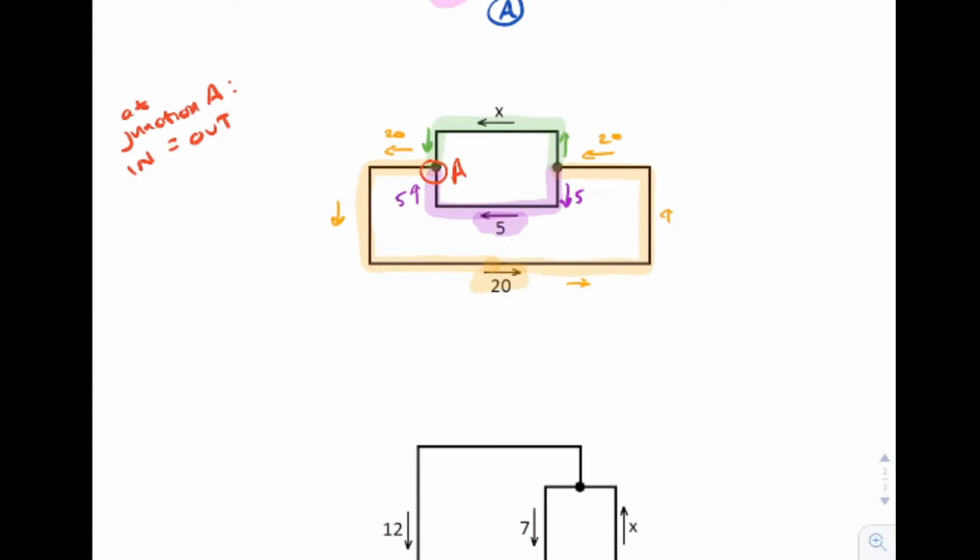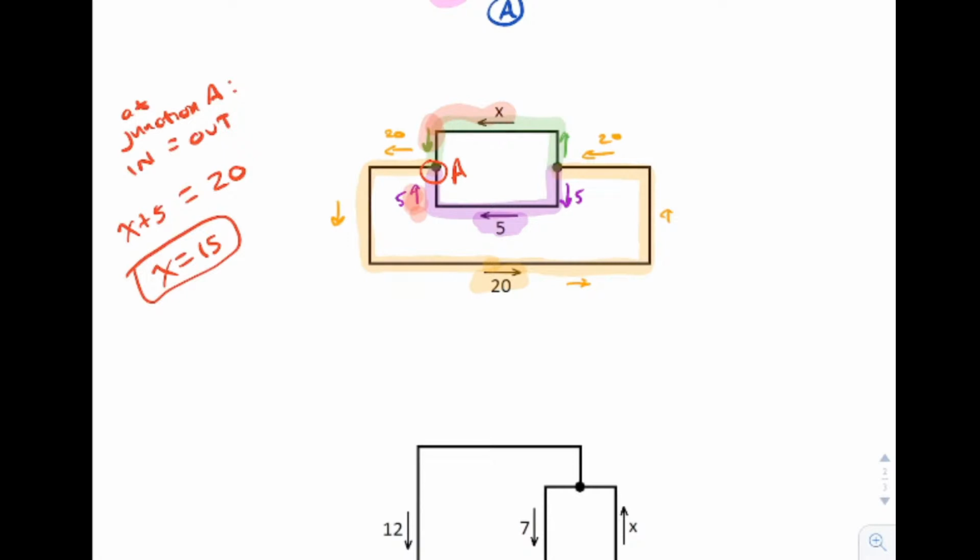We've got X coming in, and we got 5 coming in. X and 5 coming in. That 20 is going out. So what's this telling me? You subtract the 5 on both sides, and X must be 15 amps.